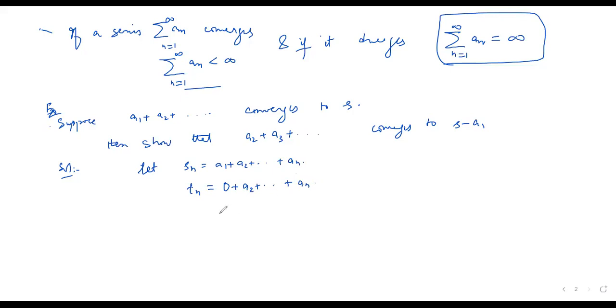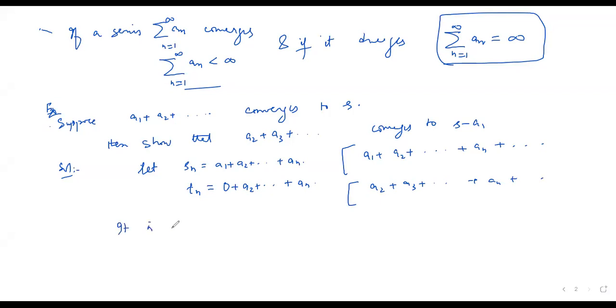So that means what? तो अगर मैं ऐसे लेता हूँ, so what does that mean? So this is the nth partial sum of the series a1 plus a2 plus so on and so forth, right? And this is the nth partial sum of the series a2 plus a3 and so on, क्योंकि 0 ऐड करने से कोई फर्क नहीं पड़ता. These are the partial sums of the given series.